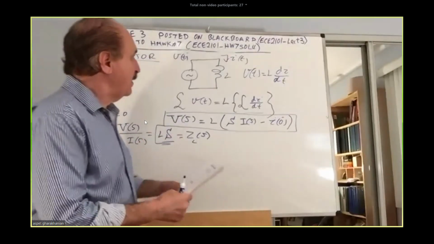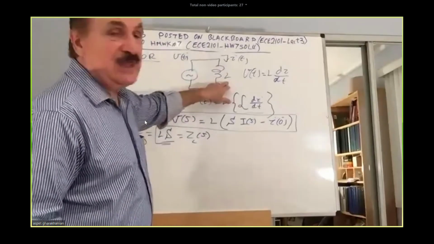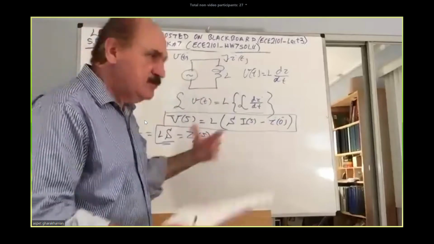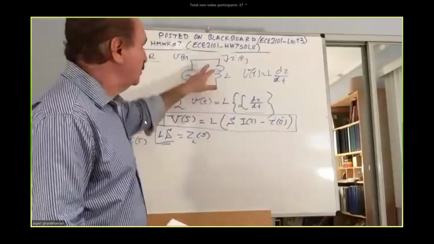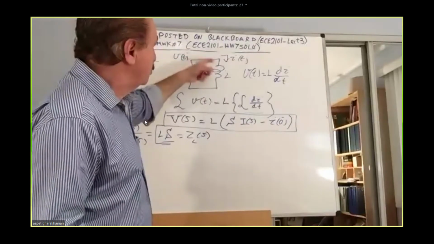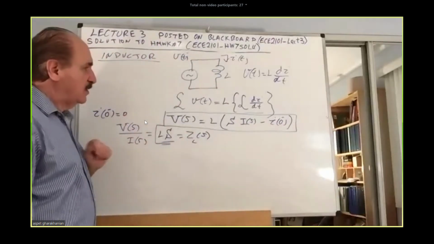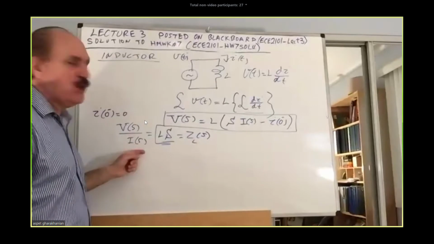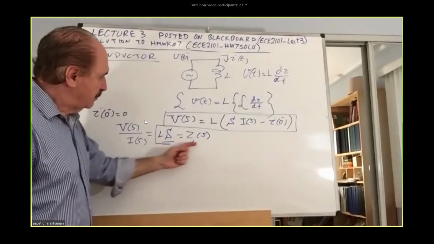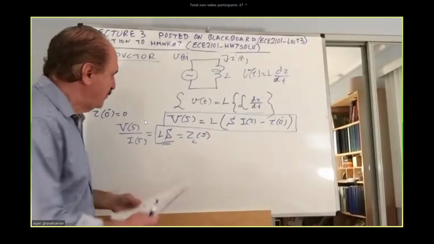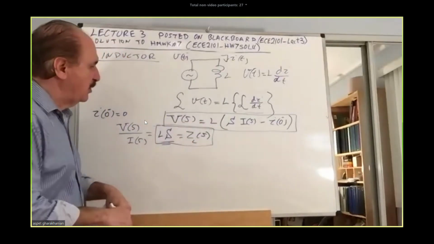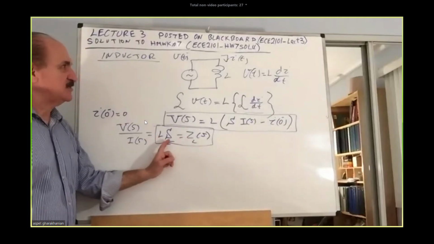So if you have a circuit with an inductor, assuming the initial current in the inductor is 0, which you can sometimes do in circuit analysis, then the ratio of the Laplace of the voltage to the current comes out easily, a very nice ratio, and you can present it with a very simple relationship: Z of L is Ls.